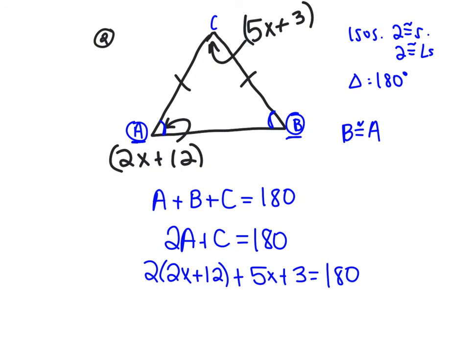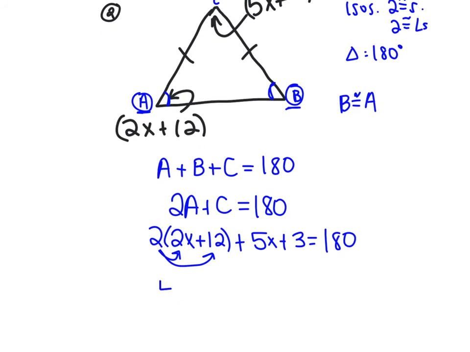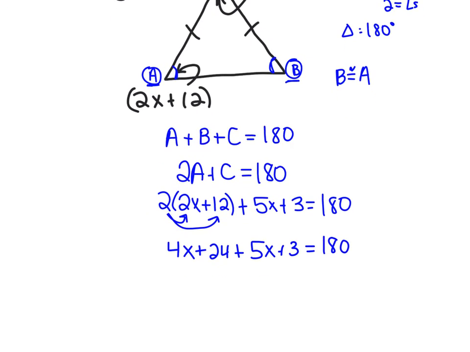Now we just need to simplify. I have distribution that I need to do because I have some parentheses. So we have 4x plus 24 plus 5x plus 3. I'm just adding these together, these angles, to get that missing x. Now I just combine like terms, so we have 9x plus 27 equals 180.